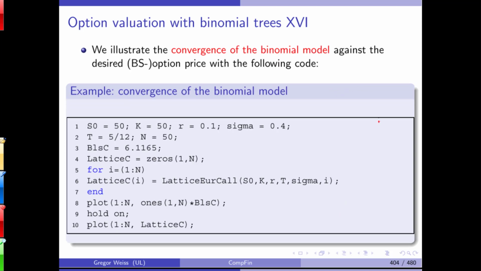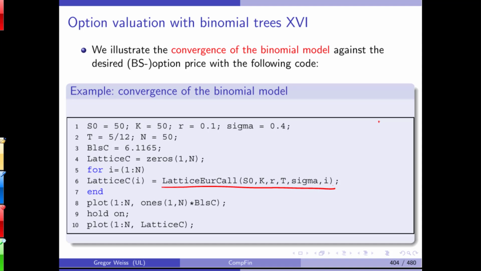Okay, now let's illustrate this convergence of the binomial option price to the Black-Scholes price by using this very simple program here. Again, we take the same parameters, and what we do is we calculate the different prices from the binomial model using an increasing number of steps used for discretization.